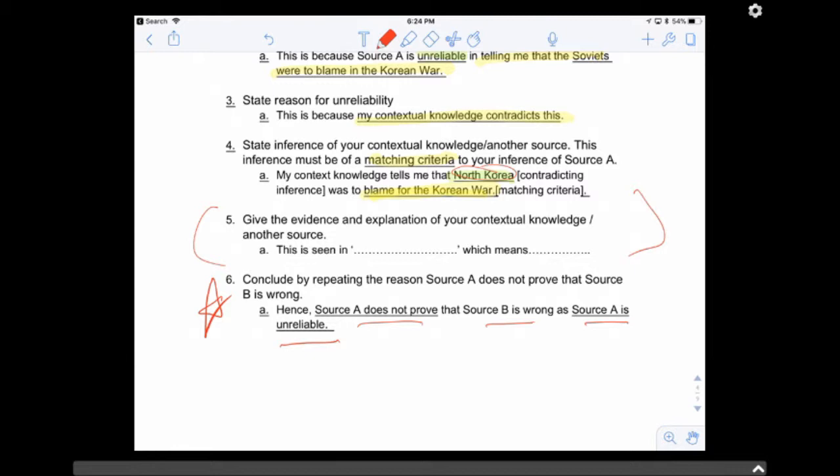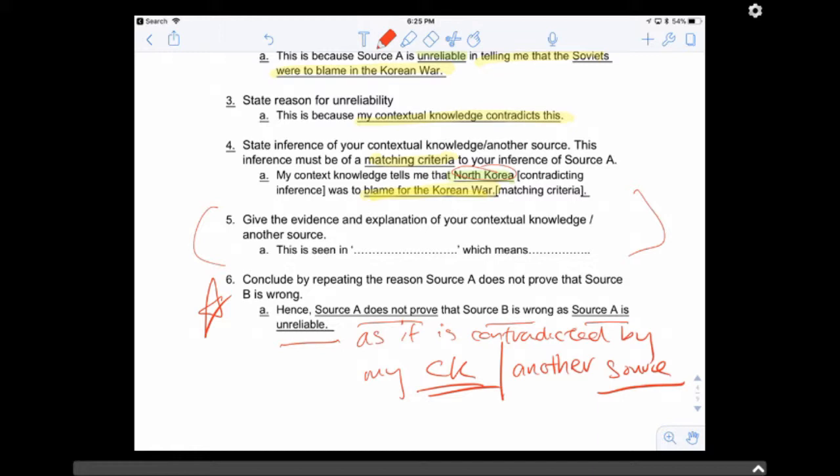A does not prove that B is wrong because source A is unreliable, and I forgot to add one more thing, as it is contradicted by my CK. Alright, so please add this to your notes. It is contradicted by my CK or another source. Okay, so make sure that you do this nicely.